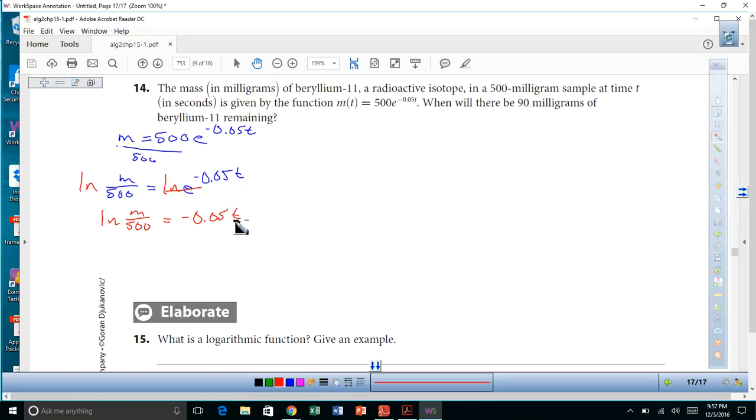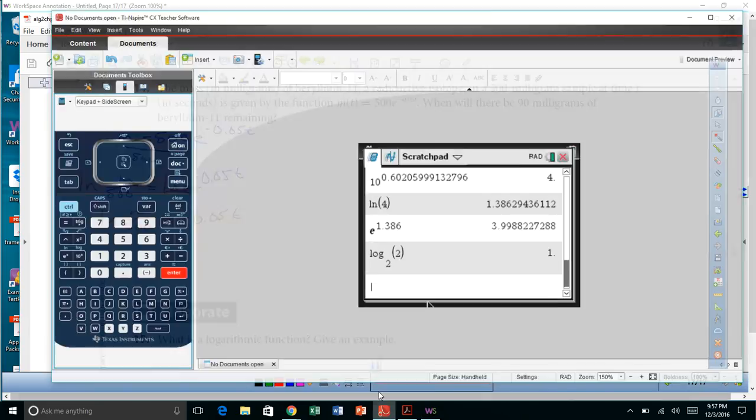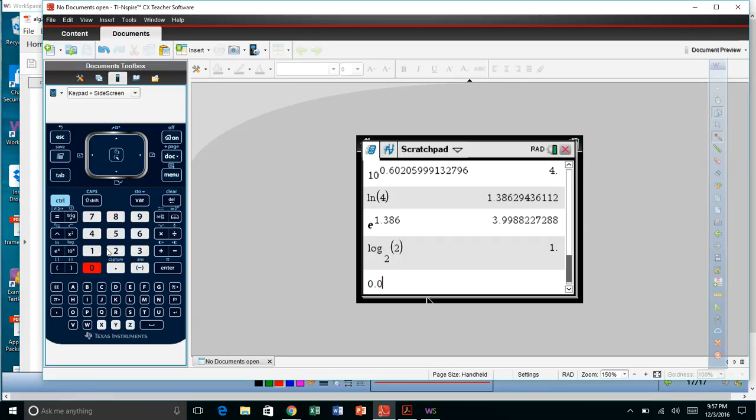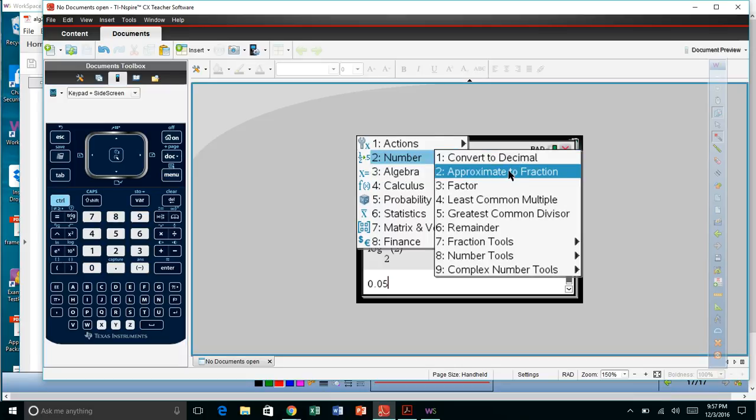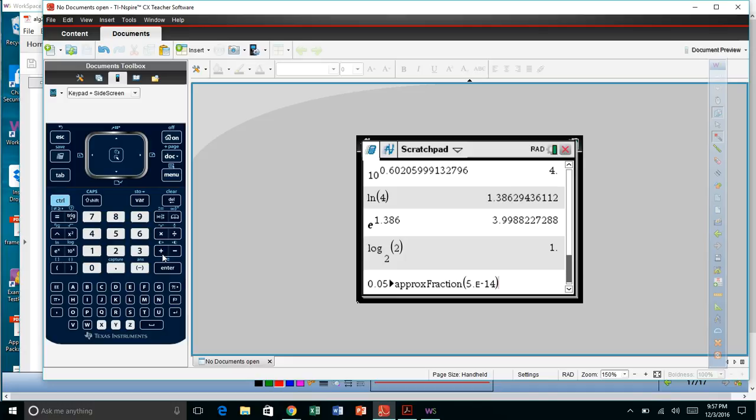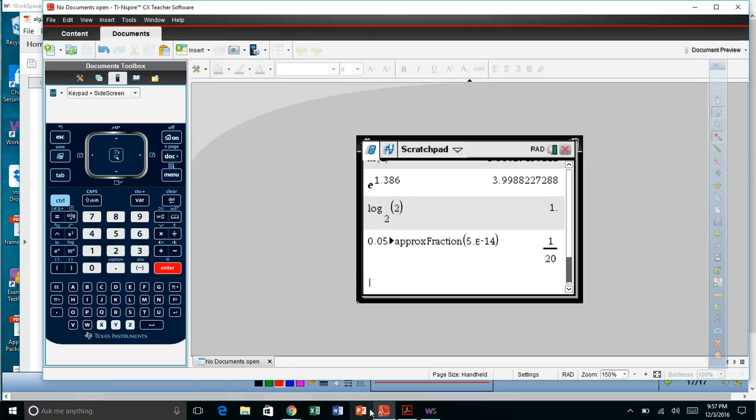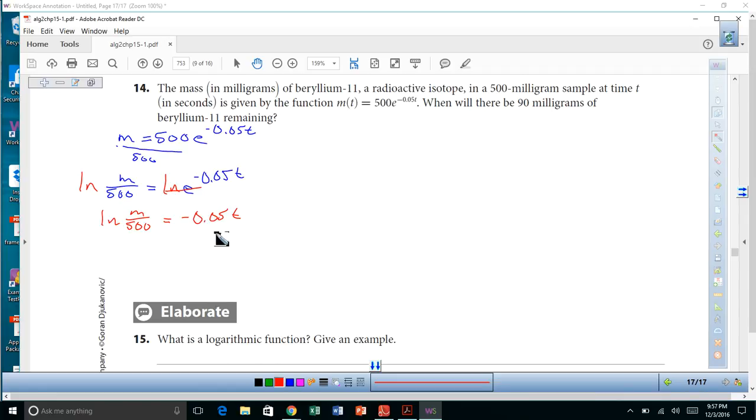Now we divide both sides by negative 0.05. Let's convert that to a fraction, that's 1 over 20, so let's multiply both sides by negative 20. That gives us negative 20 natural log of m over 500 equals t.